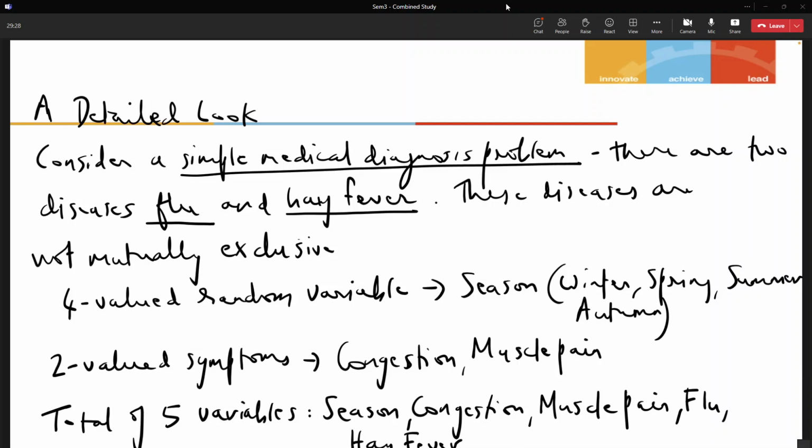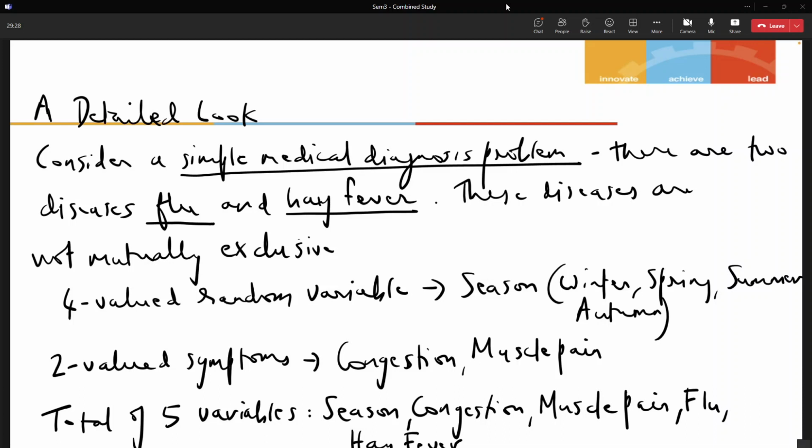So if I only had a graph, I would be saying that if the season is this, I will have flu and I will have hay fever. That is not what I want to say, right? I want to say, if the season is this, the chance that I can have a flu is this much, or I can have hay fever is this much, and that is the uncertainty.